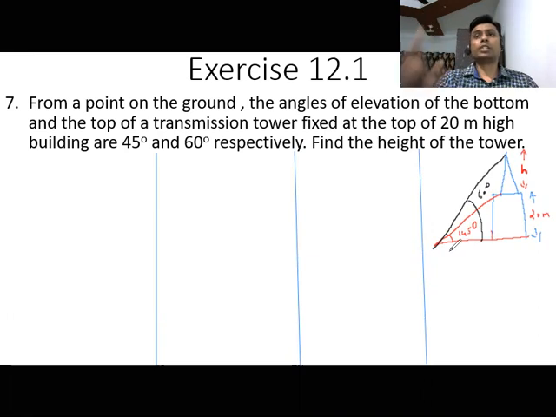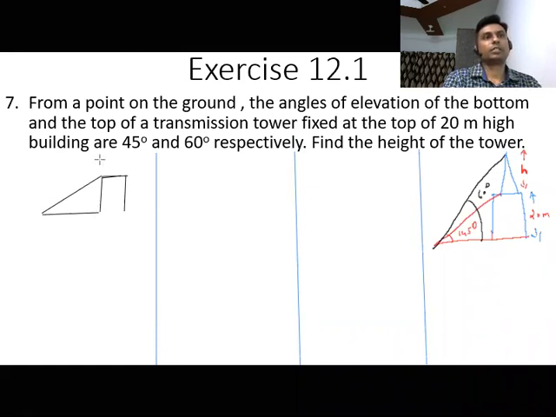So what we will do is, first we will use the 45-degree angle. Then we will use the 60-degree angle. So which means what we are going to take is, first the building. This is our building. Angle formed, 45 degrees.